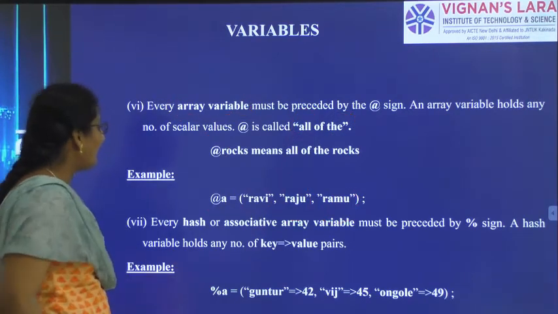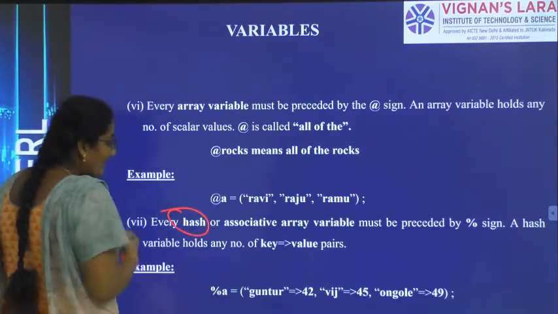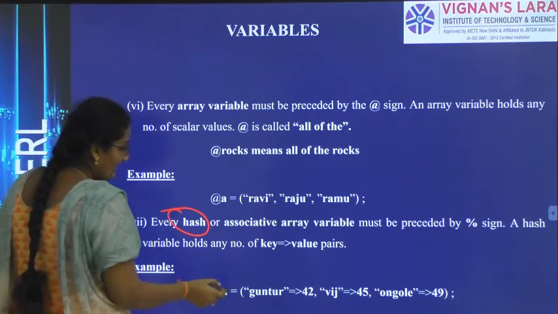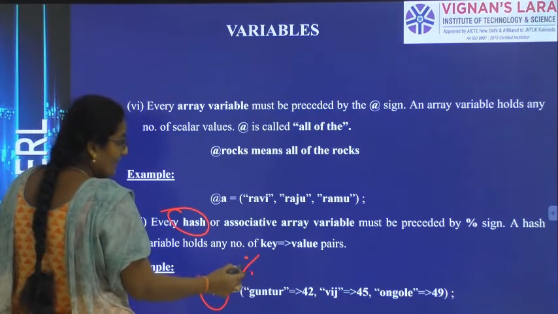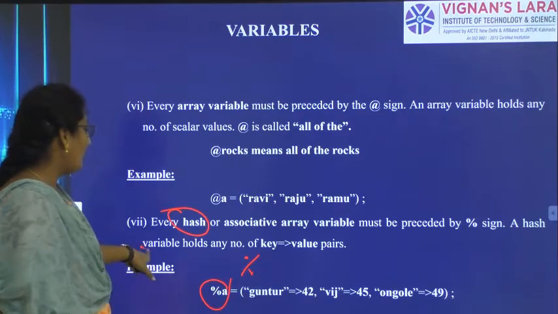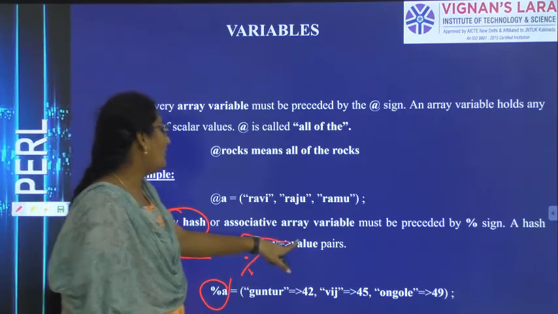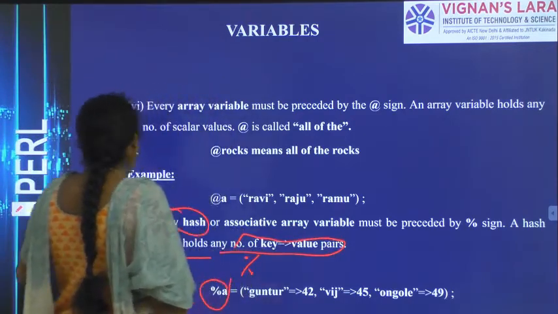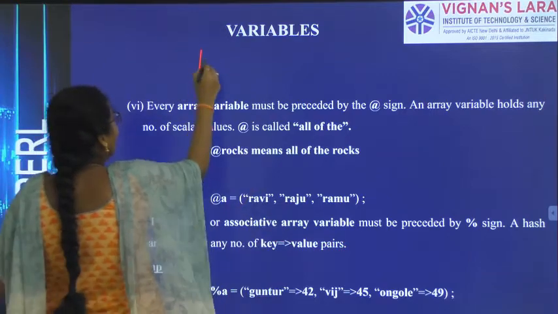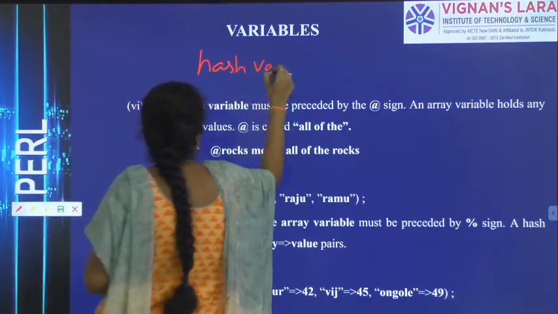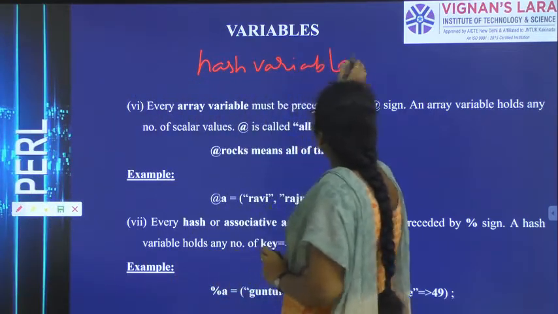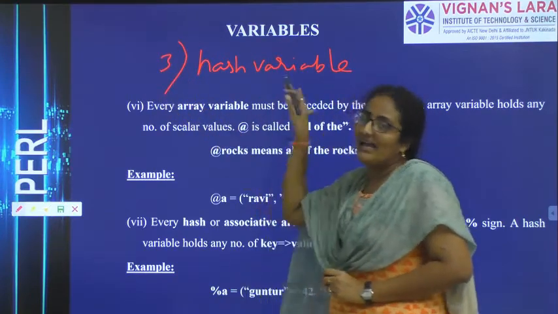So the third one is hash variable. Hash variable is indicated with the percentile symbol. A hash variable can hold any number of value pairs. So what is the third type of variable? Hash variable.